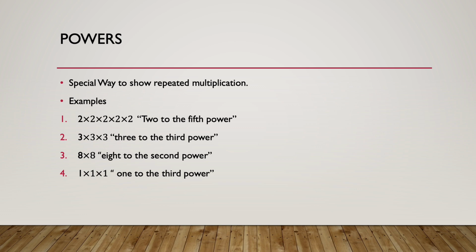An easy way to understand: this 2 means this number 2. Fifth power means, look at the first example, how many times is this multiplied? 1, 2, 3, 4, 5. So 5 times the number 2 is multiplied.